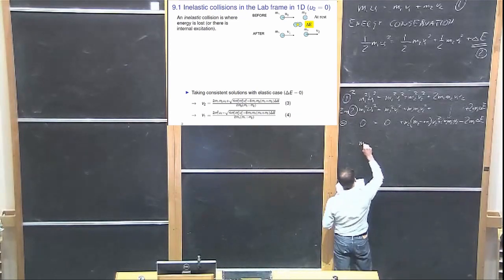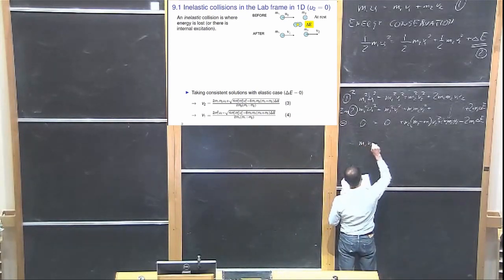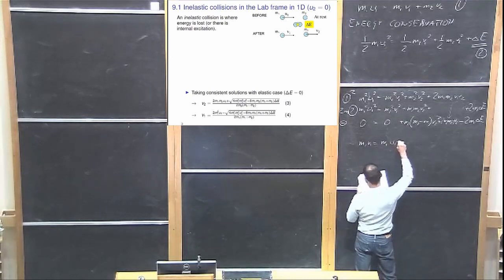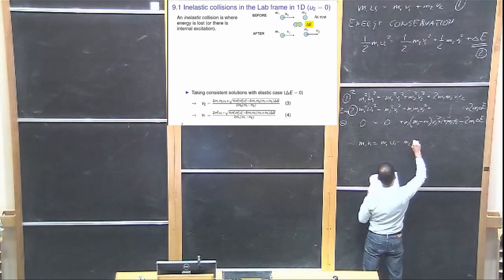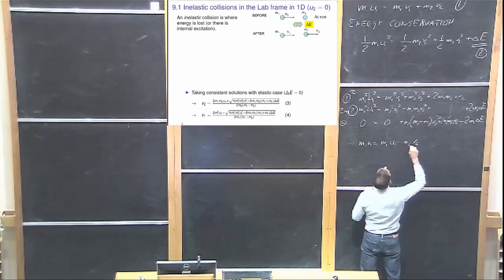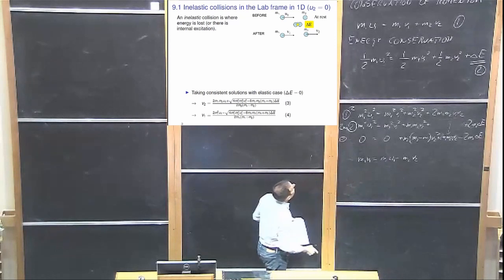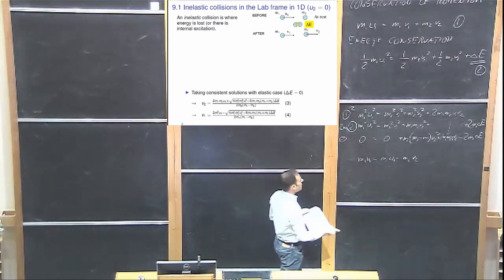Let's use m1 v1 equals m1 u1 minus m2 v2. So this is from the first equation. I've just rewritten it as m1 v1.